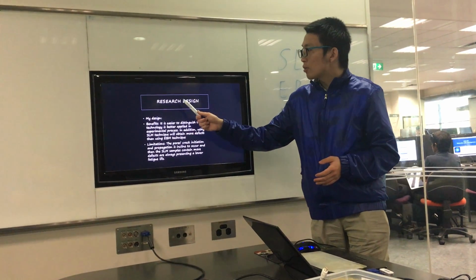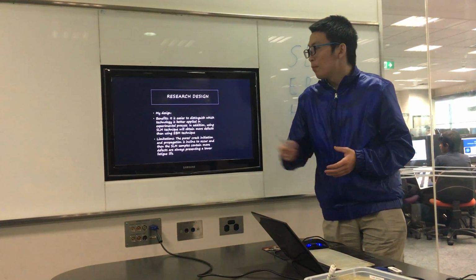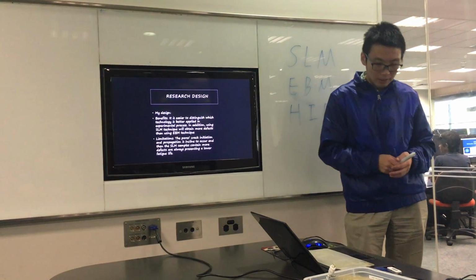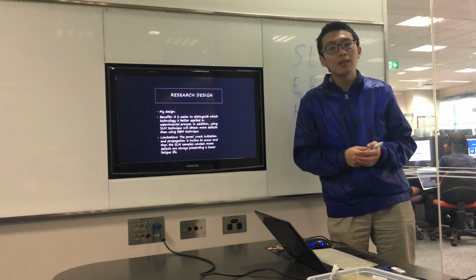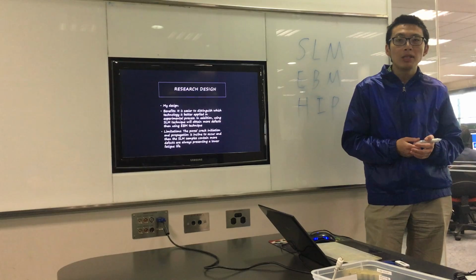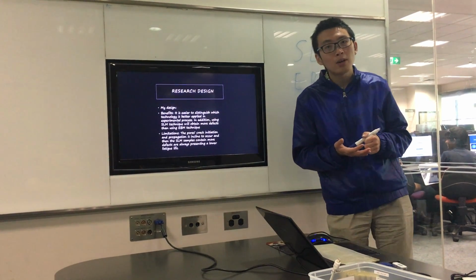This slide also shows the research design, both the benefits and the limitations of my design. The benefit of my design is it is easier to distinguish which technology is better applied in experimental process.